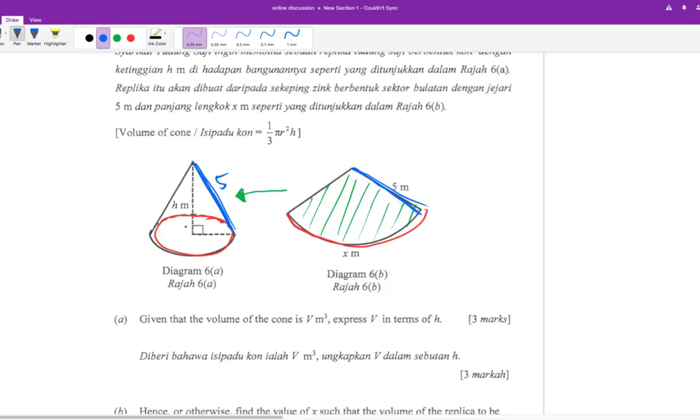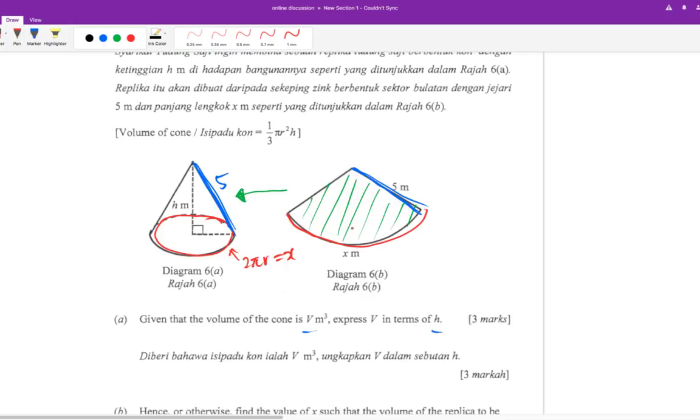The question asks me to express V in terms of h, so I need to link it. The arc length equals the circumference, so the circumference, which is 2 pi r, should equal x, because they are the same thing.